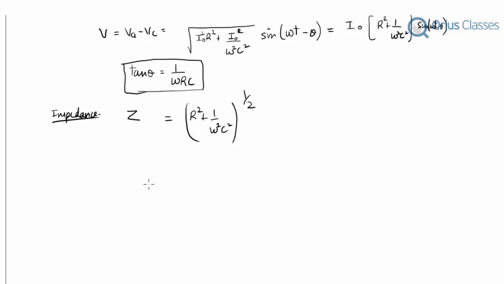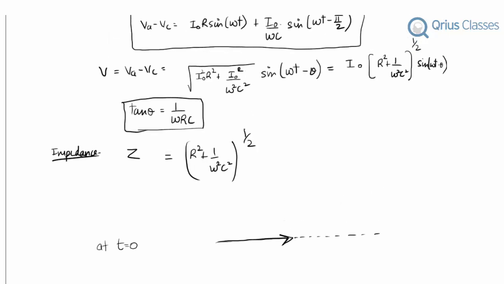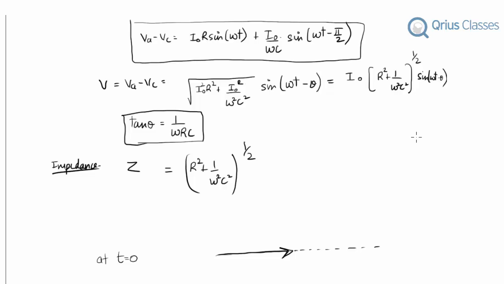Now, if at t equal to 0 the current vector is in this direction, at an angle of 0 with this horizontal line, we can see that the phasor of voltage at t equal to 0 would be in a somewhat different line.